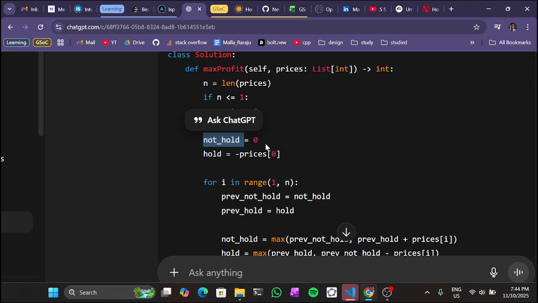So the initial profit is zero. If you choose to hold something, you have to invest it from your pocket, so minus price of zero. That first position we are thinking whether to hold or not hold. If you don't hold, your profit will be zero. If you choose to hold, you have to invest money, so it will be minus prices.